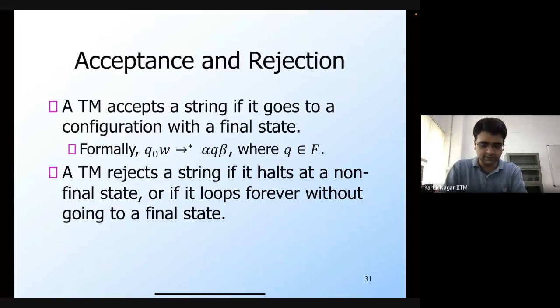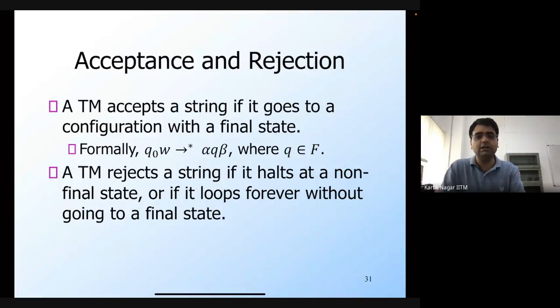Note that the way we have defined a Turing machine, it is deterministic. In the sense that if you take a particular string and process the Turing machine on it, there is only a unique sequence of steps that you can take.